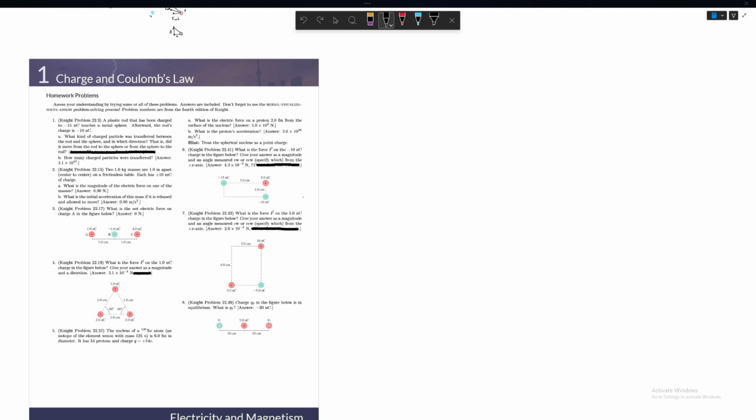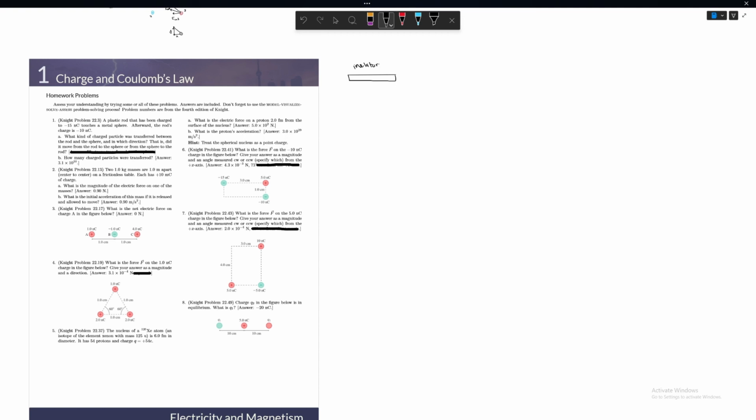Now doing questions for this unit, charging and Coulomb's law. The first question is a plastic rod. A plastic is an insulator. Let me make this a little thicker actually. Alright, this is our little insulator because it's plastic.